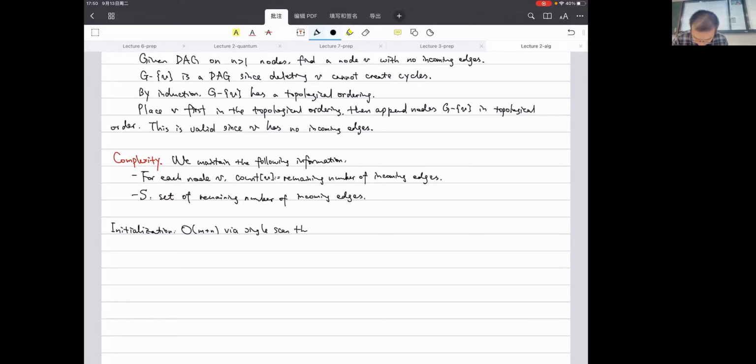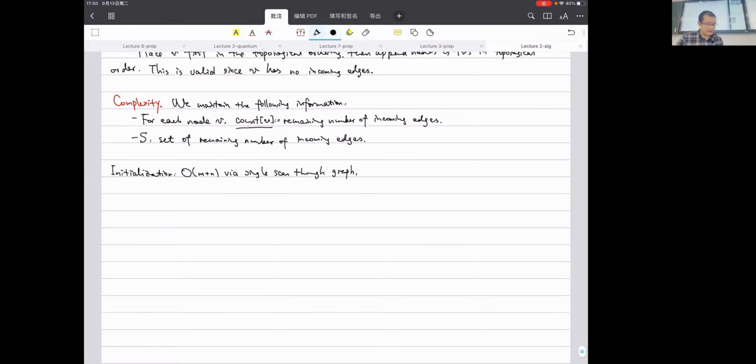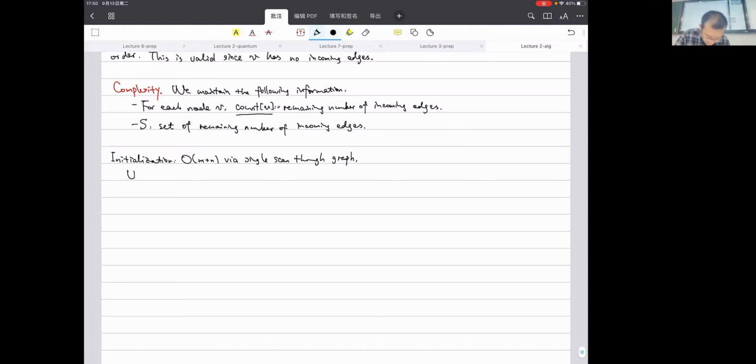We can clearly see that the cost of this is O(m plus n), because you really need to check all the edges to give a correct calculation of what the count is. And for each node we need to define such an array, so this also gives you an O(n) cost. That is the reason why this initialization is going to give you a cost of O(m plus n). But after that, you can easily see that the updates are relatively straightforward.